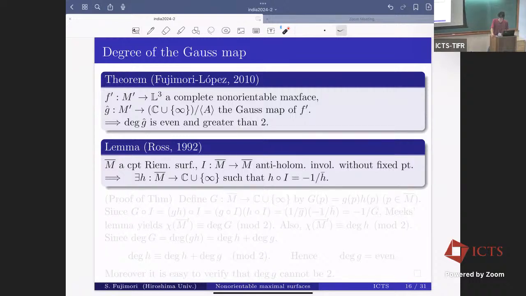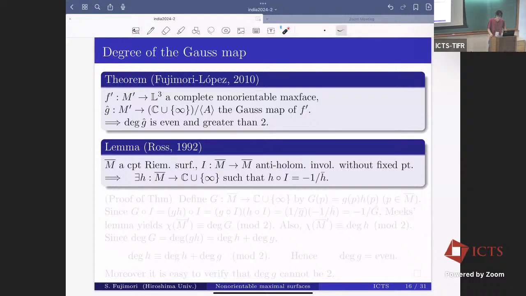Yeah, when I worked on this non-orientable maxface, I stayed at Granada University in Spain for about 1 or 2 months and talked to Francisco Lopez every day. And one day, Professor Lopez told me this theorem. The other day, Lopez was not at the university. He had something to do. So I stayed at the university alone.